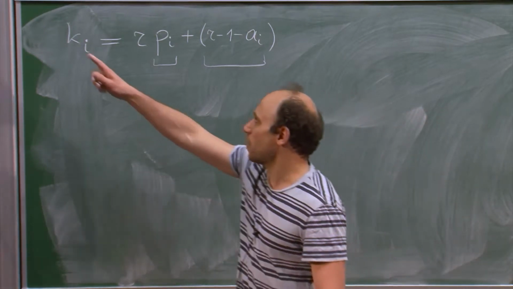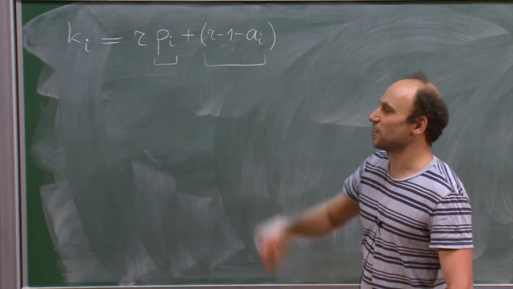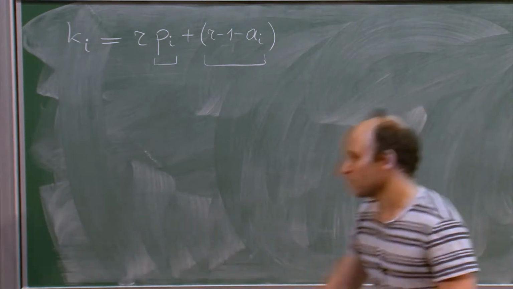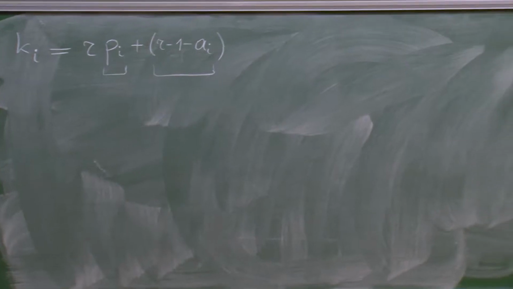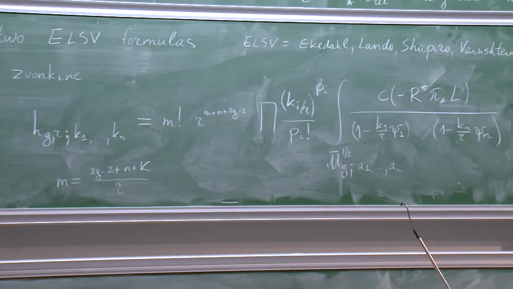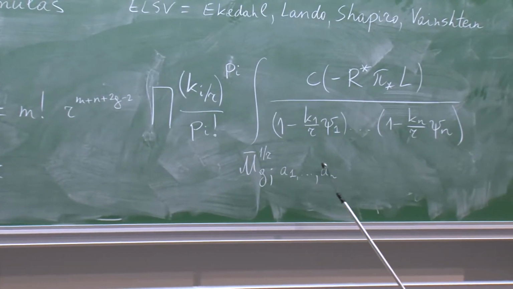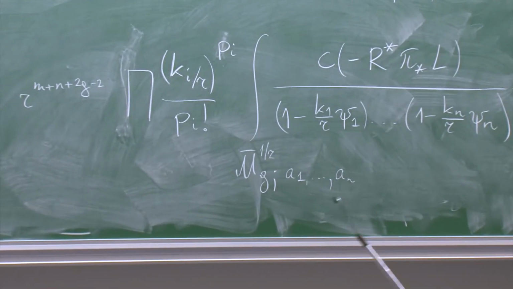Right, so from each number ki, you get the number pi and the number ai automatically. And this already explains the combinatorial factor here and the indices that are here, but I still have to explain what this space is.